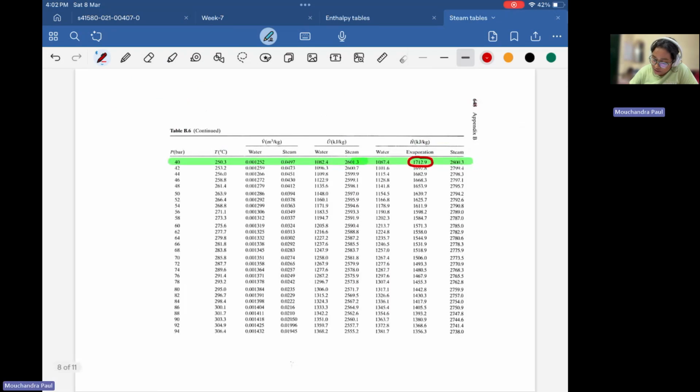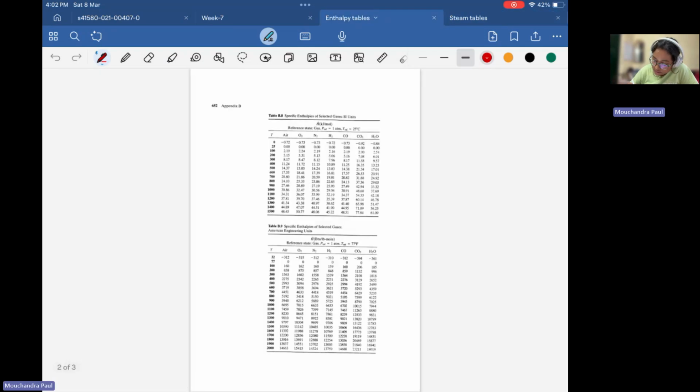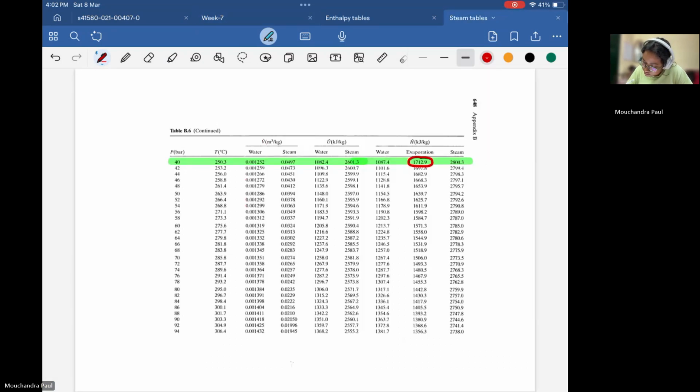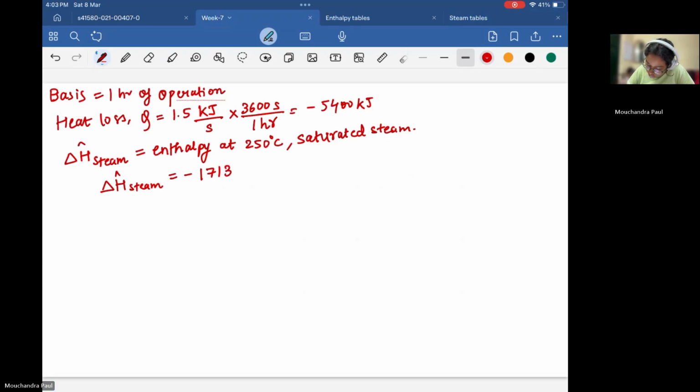That is what we'll take here as delta H steam. It was a negative sign, so it will be minus 1713, yeah, 13 is fine, kilojoule per kg.